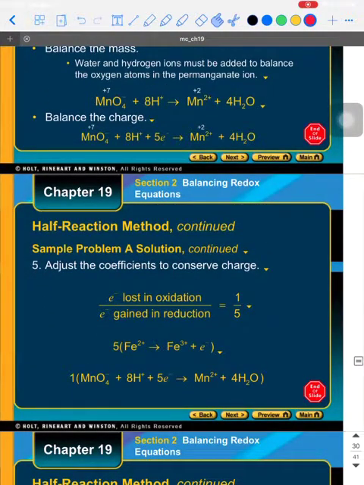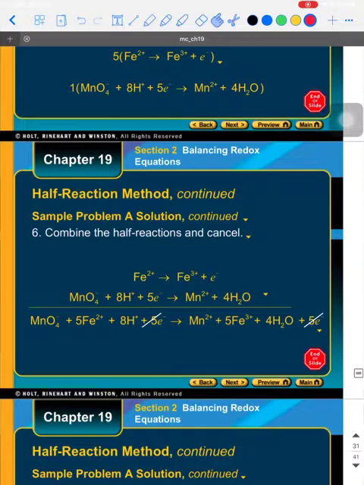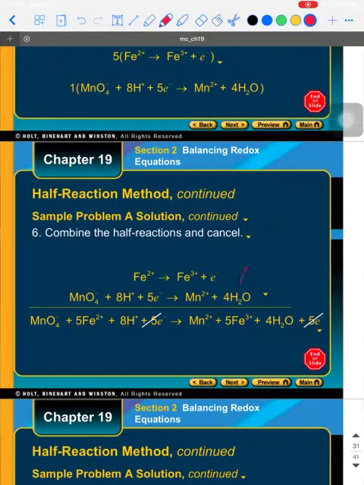Adjusting the ratio. The loss in the oxidation is 1 and the gain in the reduction is 5. Therefore, the 5 iron ions react with the manganese oxide. Then iron gives iron plus electron, but of course all of them times 5: 5 iron, 5 iron, 5 electrons.